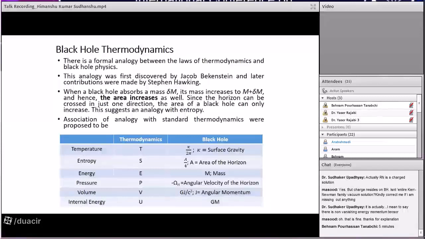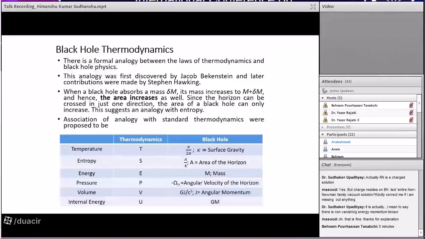For example, when a black hole absorbs a mass, say delta M, its mass will increase to M plus delta M, and simultaneously its area will also increase. Since the horizon can be crossed in just one direction, the area of a black hole can only increase and will never decrease, because nothing is coming out of the event horizon.